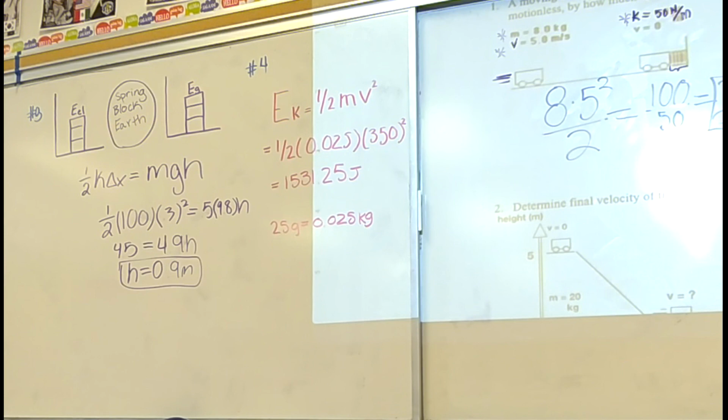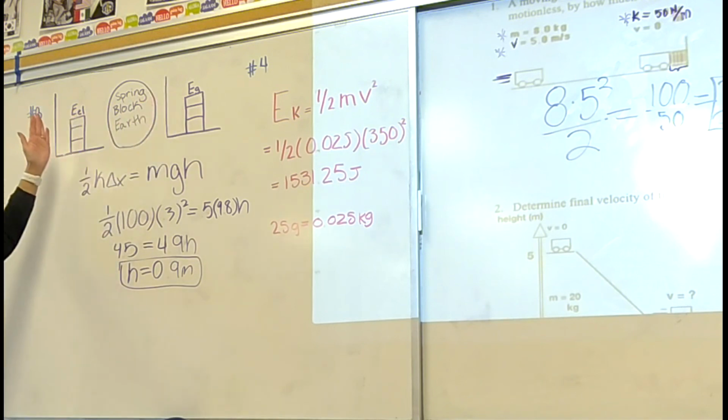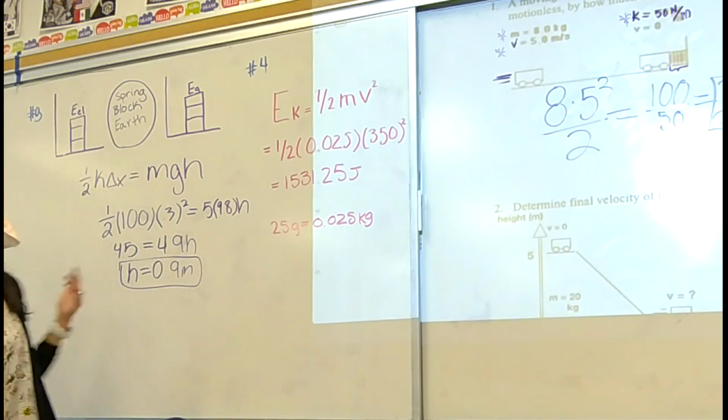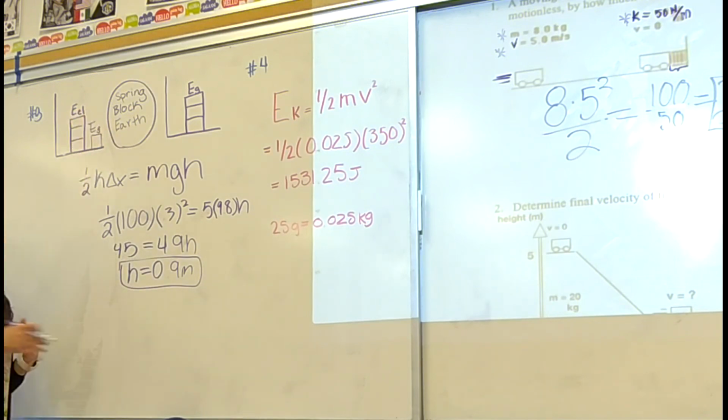The last problem, at least for the front page, is a spring that shoots a block up. So we've got elastic energy to start and all gravitational to end. Remember, we want these equations to start with one energy type and end with one energy type. So if some students included some gravitational energy, it's not that that's wrong.